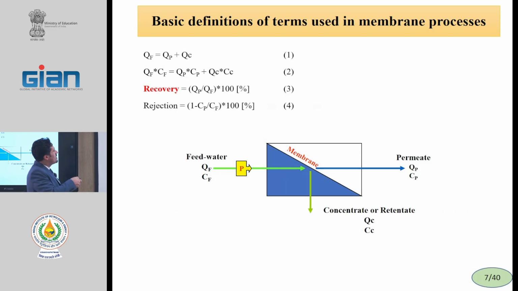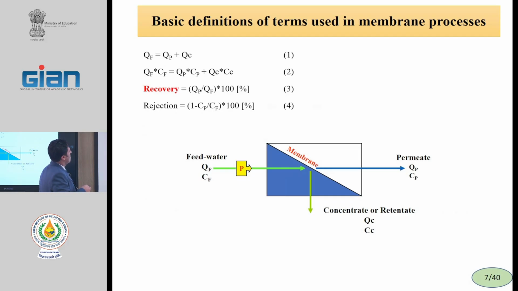It is the amount of our product, that means permeate, per amount of the feed. For example, we have 100 kilogram feed, and this changes to 70 kilogram of our product. Our recovery is 70%. Okay? Understand? Recovery means how much useful product we have per the first feed amount.